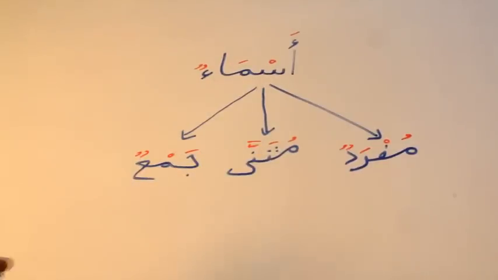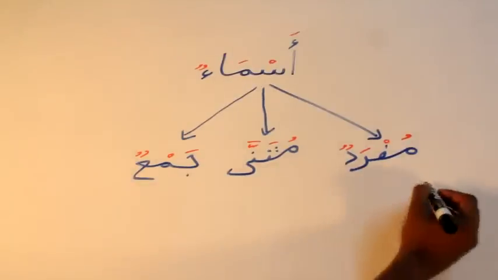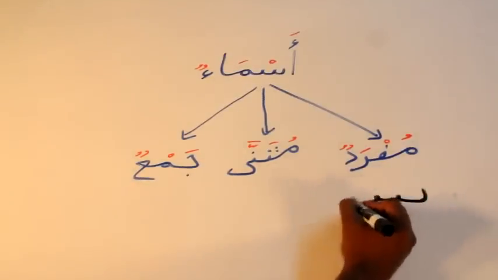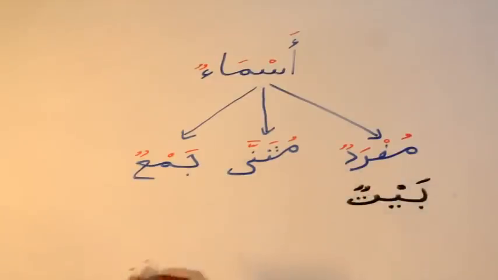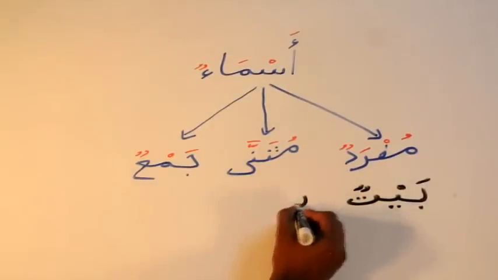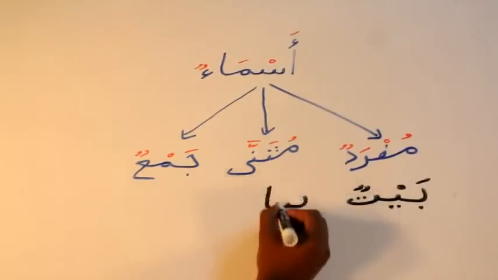So we'll do house, baytun, a very common word. The singular version, or the mufrad version, of baytun is baytun, the regular one. The dual version of this word is baytan.